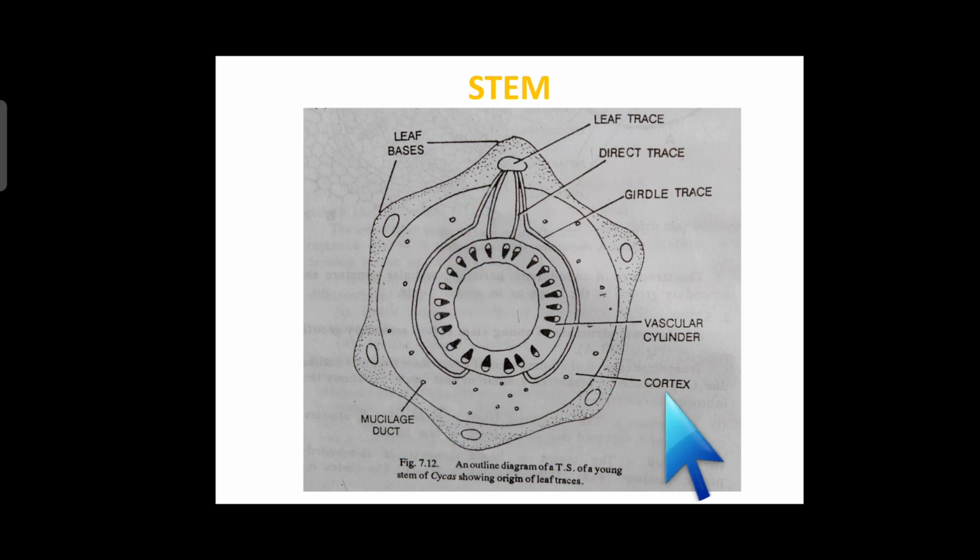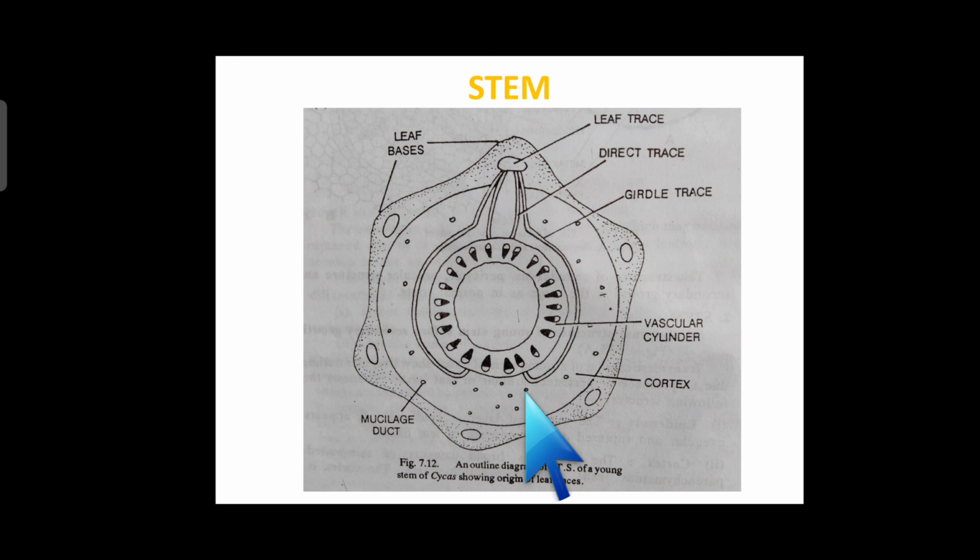This is the cortex. Now as you can see clearly, the cortex is broad, and the cortex consists of thin-walled parenchymatous cells which are filled with several starch grains. So you can see these are the starch grains as well as the mucilage duct.